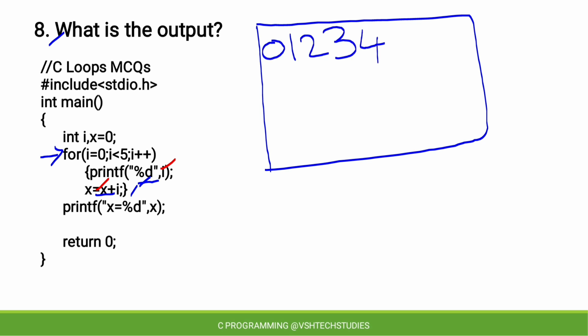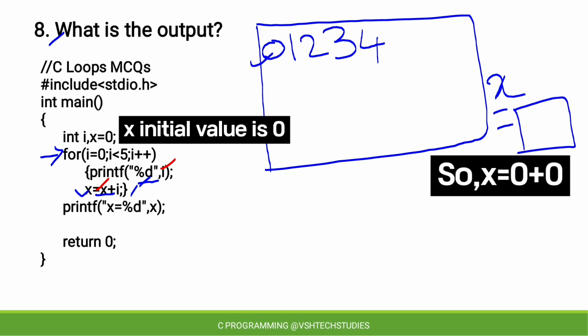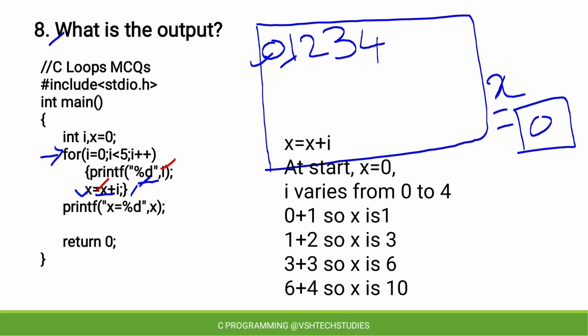Every time when I is 0, it is added to x and kept back in x. So in x memory location, first I was 0, that is added to x and kept back in x. So it is 0. Next 1 is added. So x becomes 1. Next 2 is added. So 1 plus 2 is 3, hence 3 is kept in x.